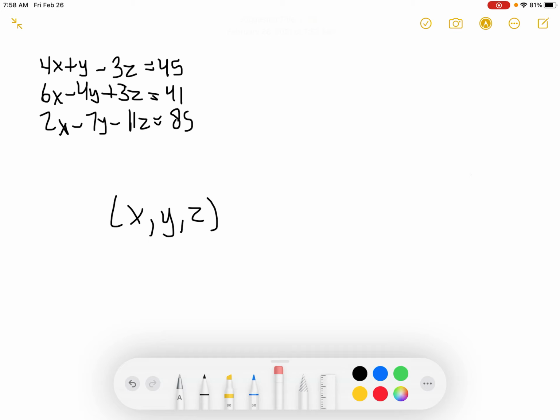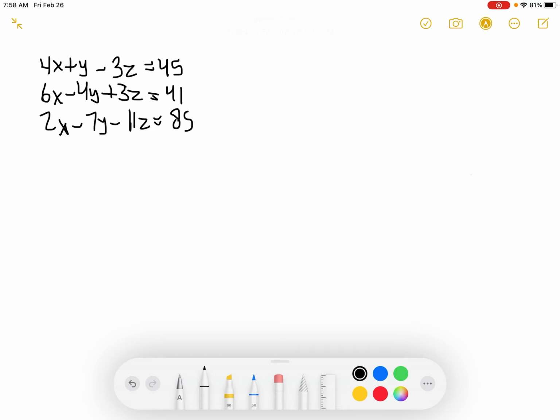How? Well, remember, for 2 equations, we could do substitution or elimination, but for this one, you can only do elimination because substitution wouldn't work when there's 3 equations, because when you substitute it, you still leave out the second one.